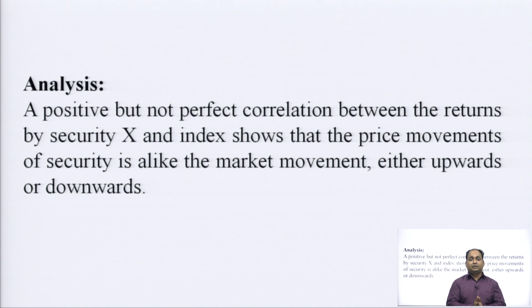If the correlation is near to 1 or perfect 1, it means security return is commensurate with the market return, meaning the risk associated with the security is exactly as per the market risk. For example, if the value of correlation is exactly 1, then there would be a perfect correlation.